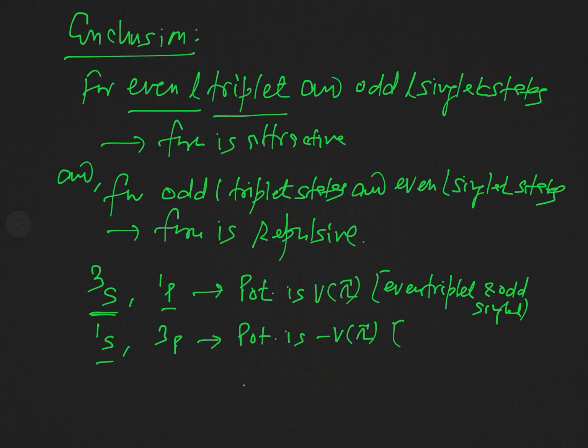And here 1S is for even singlet, and 3P, as for this L is equal to 1, that is an odd number, and this is triplet state. This 3 refers to the triplet state, this 1 refers to the singlet state. So even singlet and odd triplet.